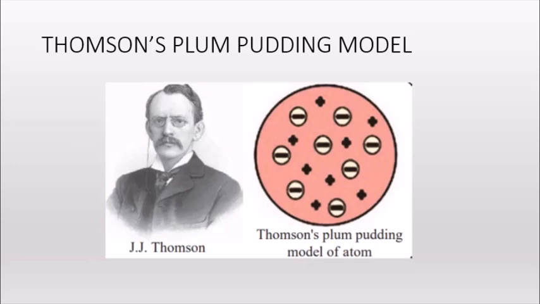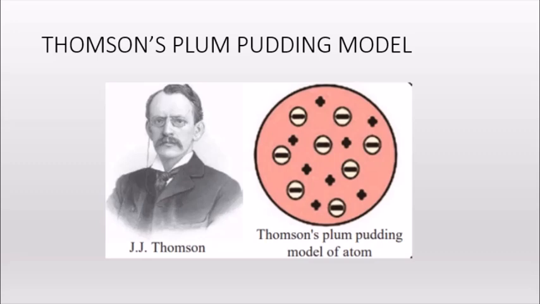Another researcher, Thomson, gave his theory and he gave the plum pudding model. According to Thomson's model, the positive charge is distributed throughout the atom. So inside the atom, there are positive charges and the negatively charged electrons are embedded in a gel of positive charge.